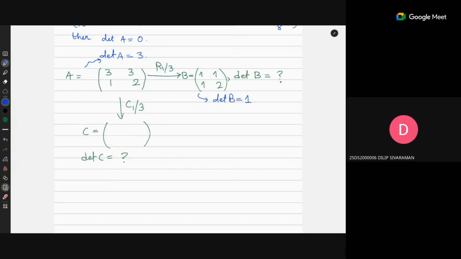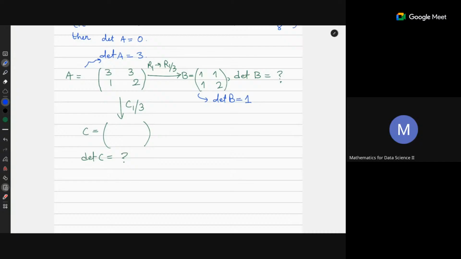So how did you get B from A? I'm getting B from A by dividing my row 1 by 3, a scalar multiple of 1 by 3. Are you allowed to do that? Yes. I'm changing a matrix, getting a different matrix, and I'm getting a different determinant.